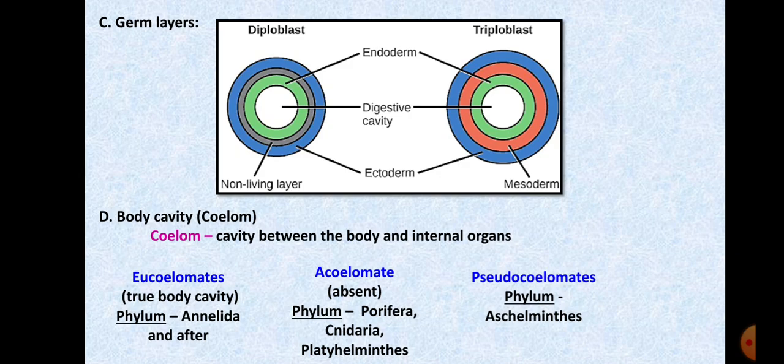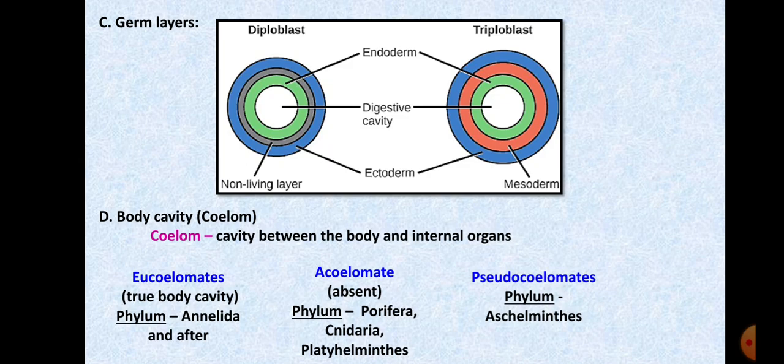So when you study these animals, some animals will have only 2 germ layers, your cnidarians, the third phylum of non-chordates. Otherwise, in most of the remaining animals you will have these 3 germ layers, that is endoderm, ectoderm, and the center mesoderm. Clear?